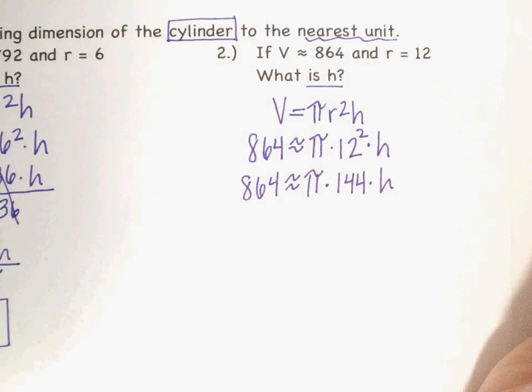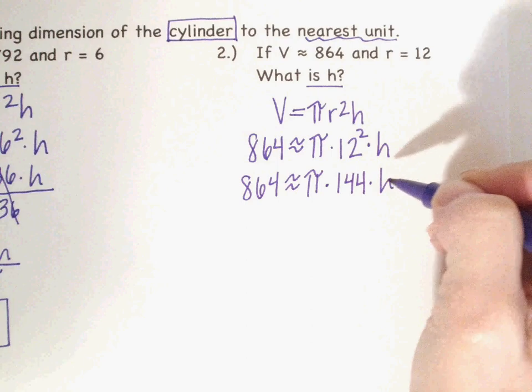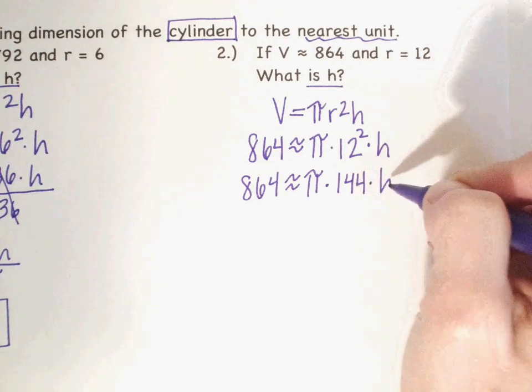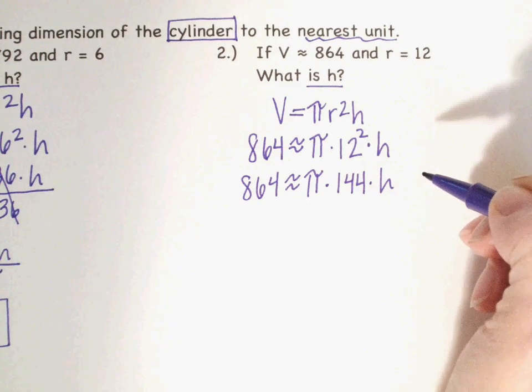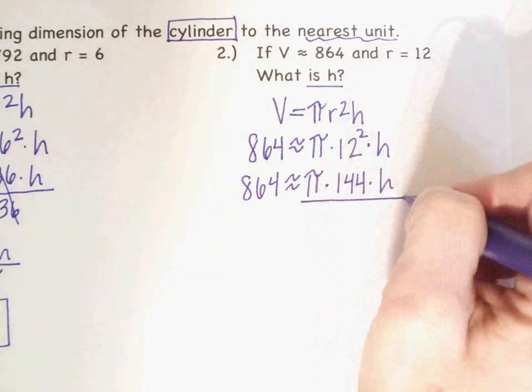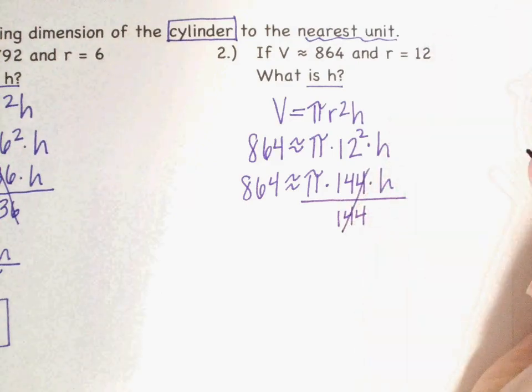Then my goal is to solve for h, to get h by itself. If I have 144 times h, that's multiplication. The opposite of that is to divide, so I'm going to divide by 144.